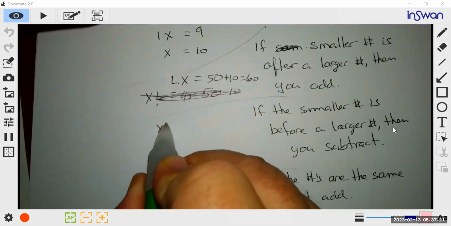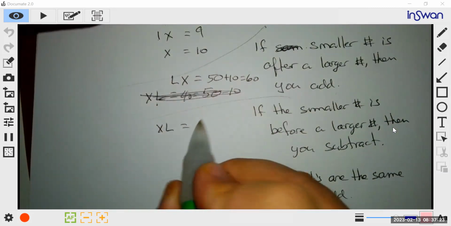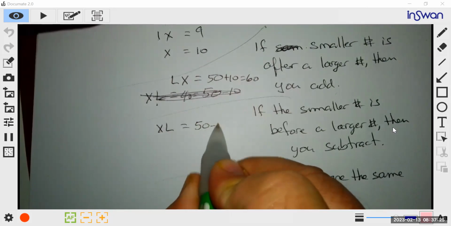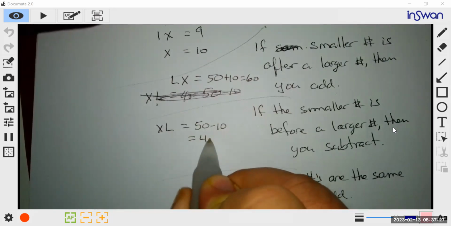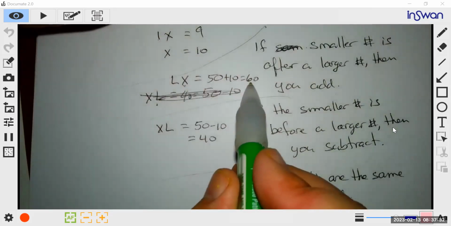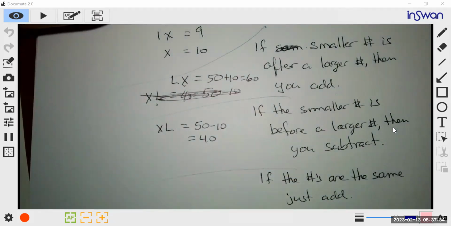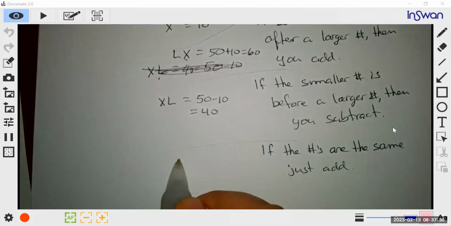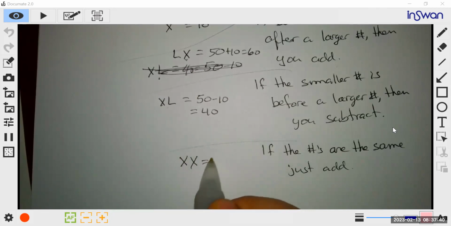If I had XL, that would be 50 minus 10, which would be 40. So if the smaller number is after, you just add them. If it's before, you subtract them. If it's the same, 10 plus 10 makes it 20.